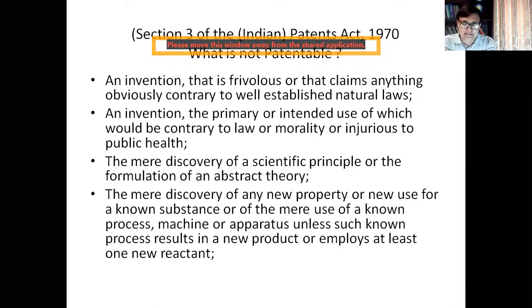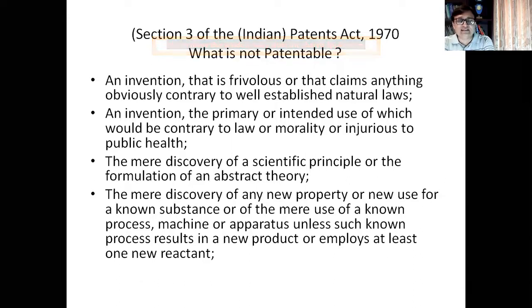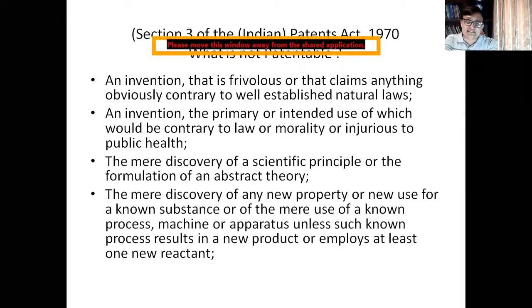So if you want to patent something, it must first of all be the discovery of a new substance. If an already known substance is used to produce a new thing, then you must prove that it is a new application and it results in the production of a new product, or it has a new reactant in that process.